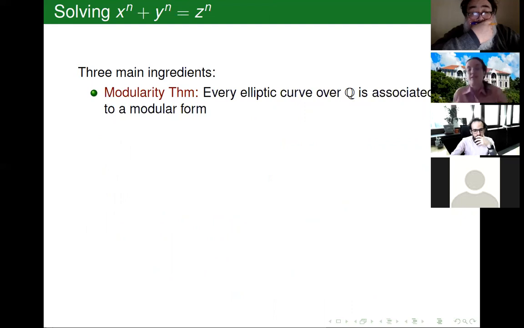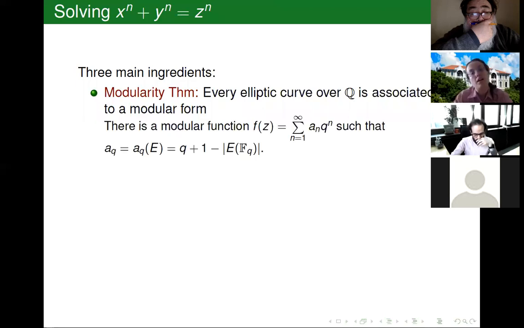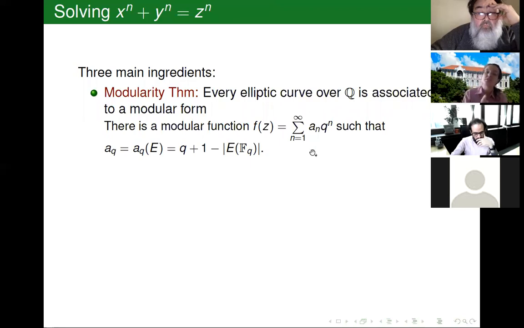So modularity says that every elliptic curve over Q is associated to a modular form. More precisely, there is a modular function with this Fourier expansion, with the Fourier coefficients being a_n, such that the Fourier coefficients correspond to some special numbers, so-called a numbers, of an elliptic curve.